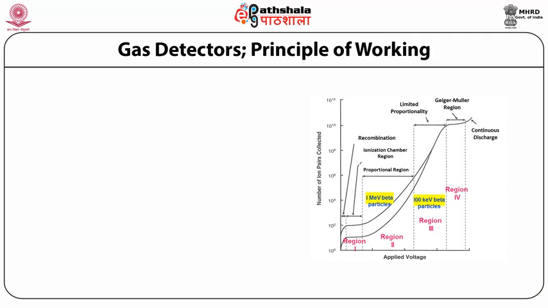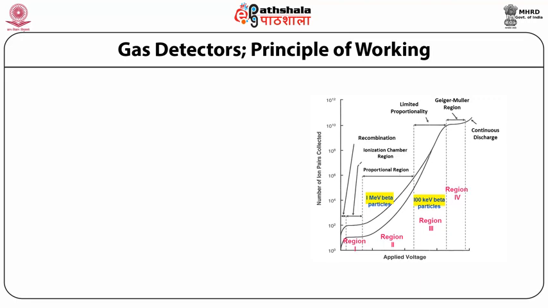On the left hand side a picture is given in which the number of ion pairs collected is given as a function of applied voltage for a gas detector, and here the entire region of gas detector working can be divided into various subregions like region 1, region 2, region 3, region 4.